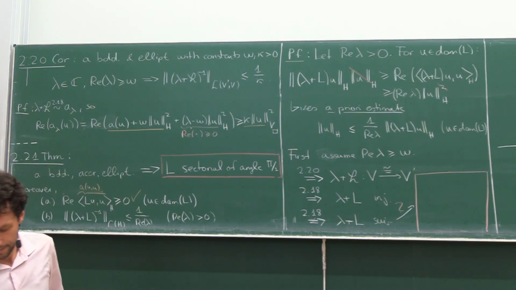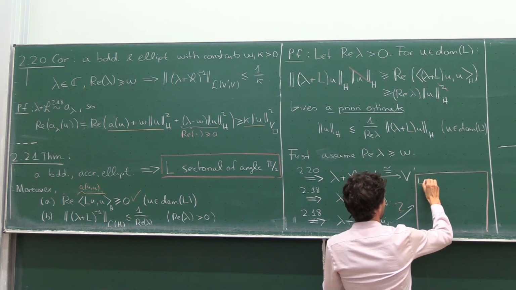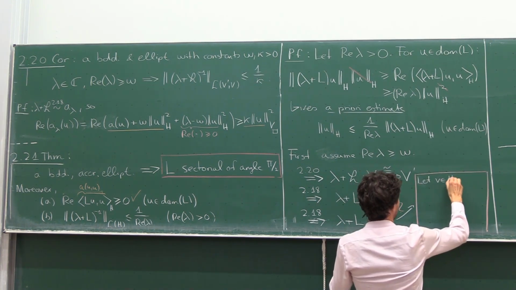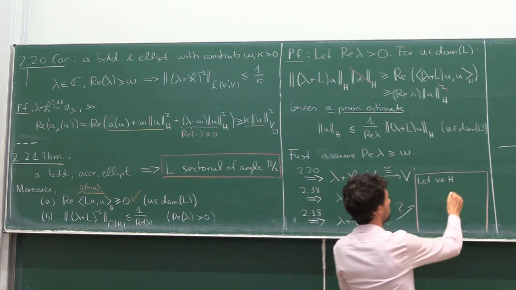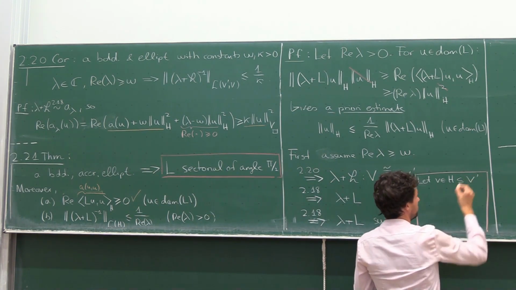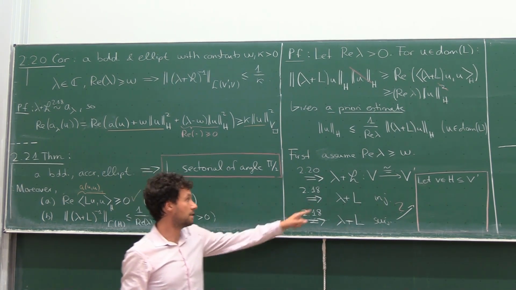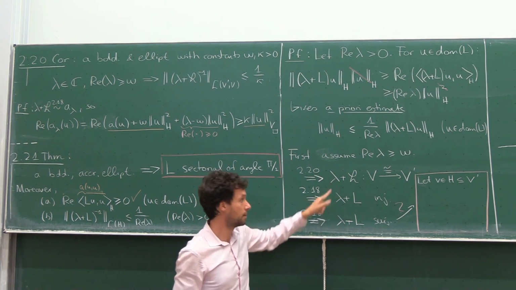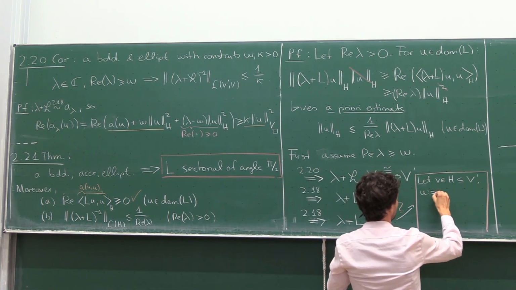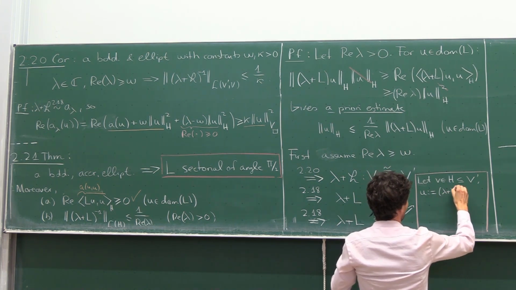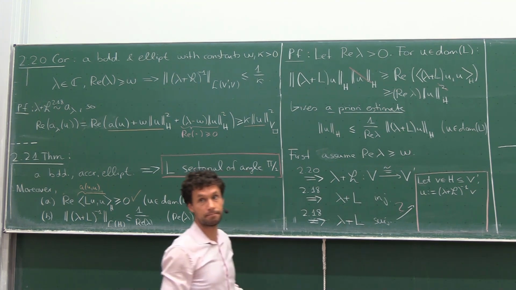Why? If I want to prove it's surjective, suppose that I give myself some element V in the Hilbert space. Okay, and V I'm going to interpret as an element of V prime. As an element of V prime, it sits in the range of this operator. So it is okay to introduce U as lambda plus script L inverse of V. Right?